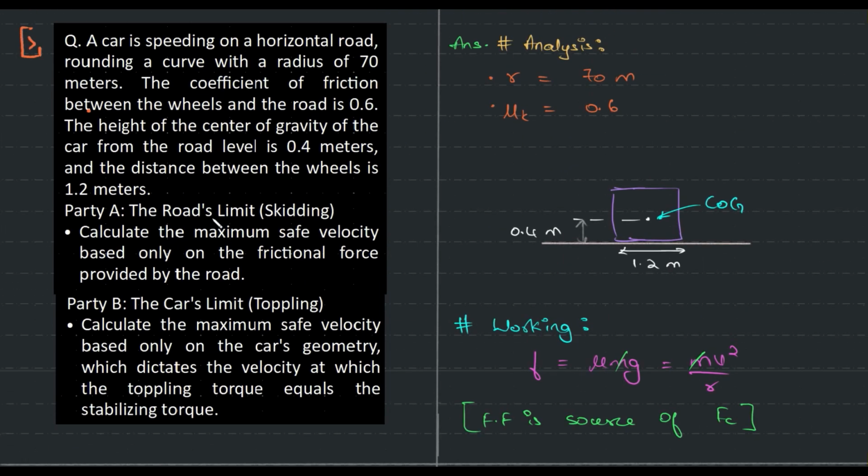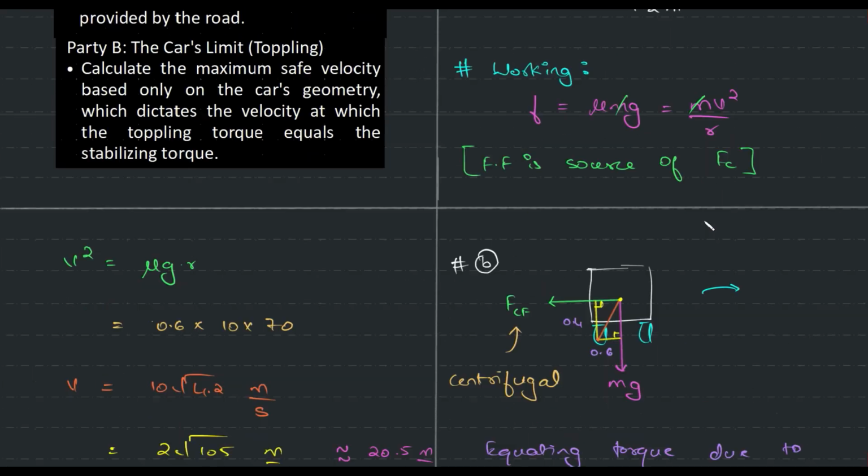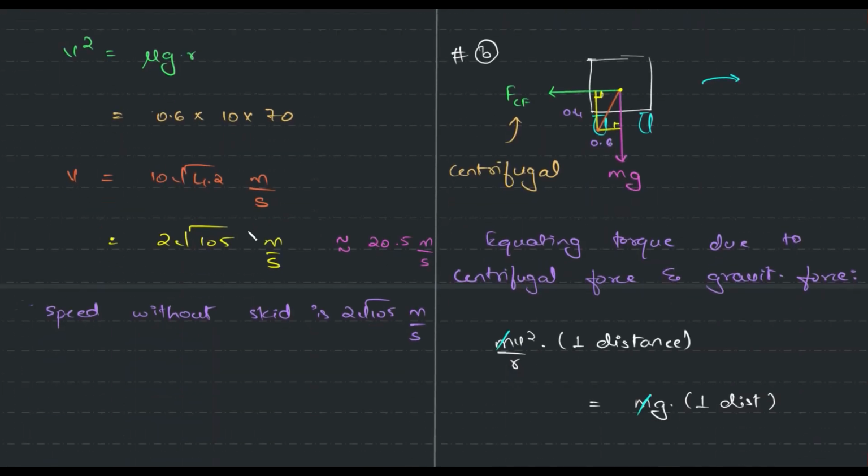Okay, that's one more. I happen to introduce a new concept over here for some of you at least. The first part is quite simple. When will we start skidding? To what extent can we go before we start skidding? It's a simple 20 meter per second value.